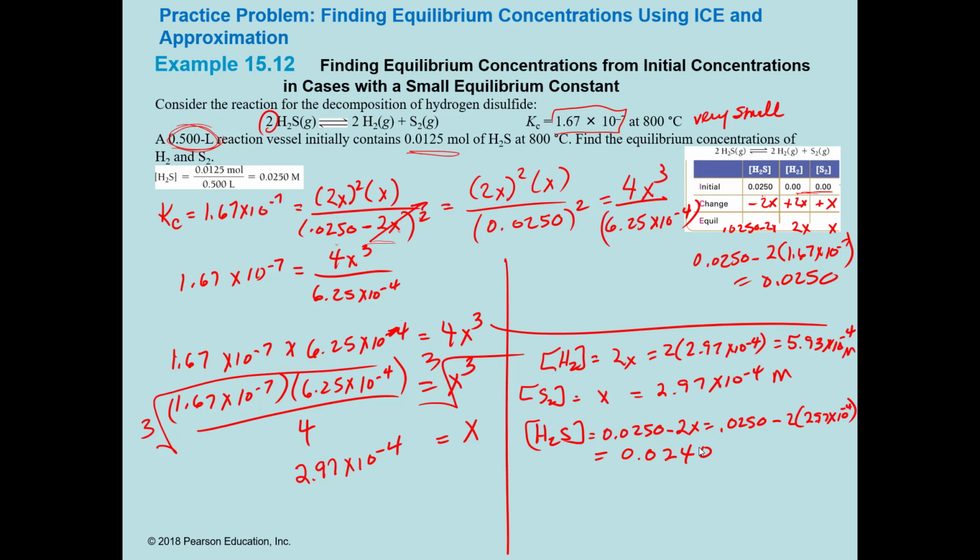Now, it did change a little bit, didn't it? But it is close enough that that approximation is okay. All right? So if I tell you that it's very small, or if you see it's negative 19 or something like that, it's totally okay to use approximation. All right? So those are your concentrations.